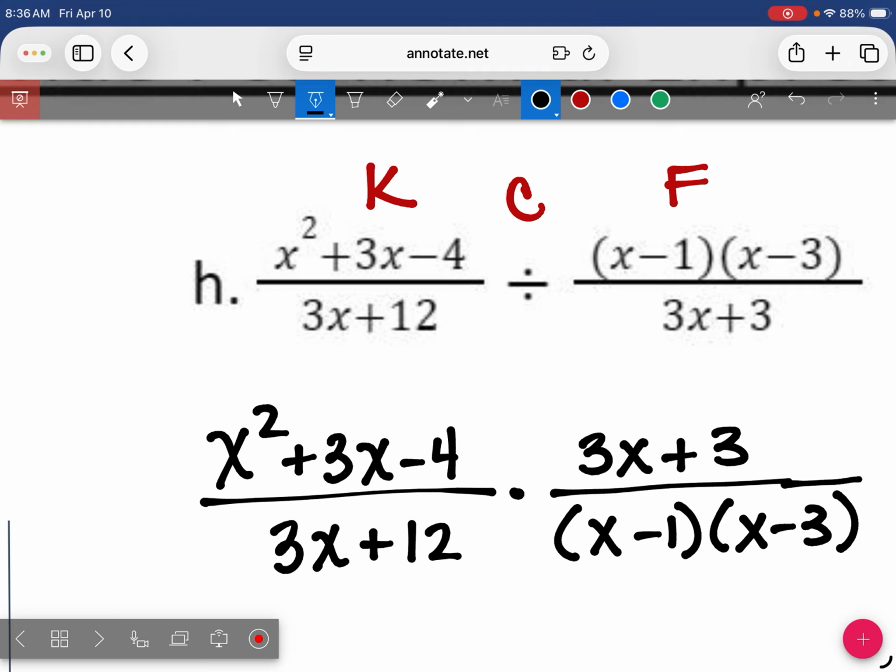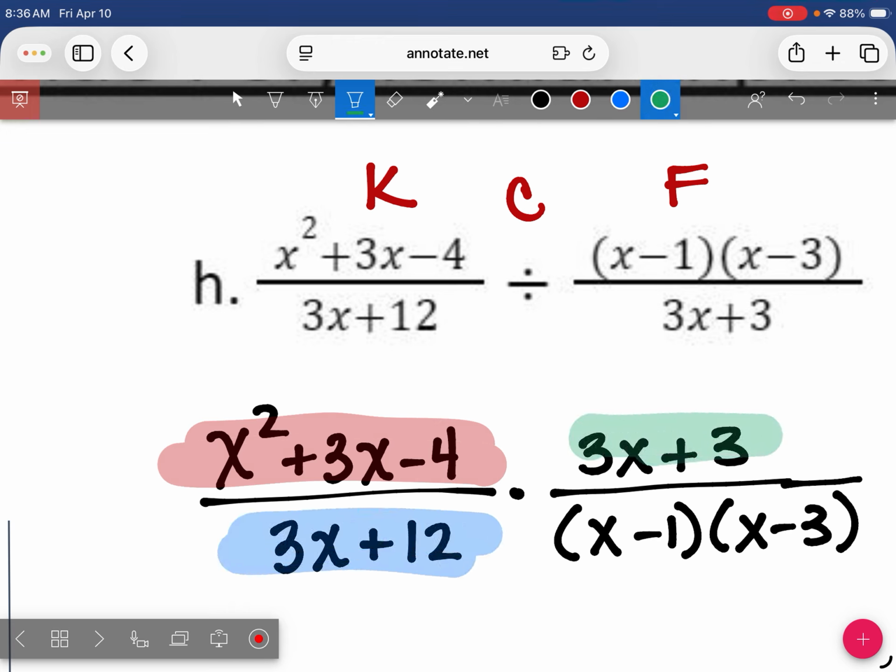So there's three things we can factor. We have our x squared, but then I also have two terms with the GCF. So go ahead and factor down those three.